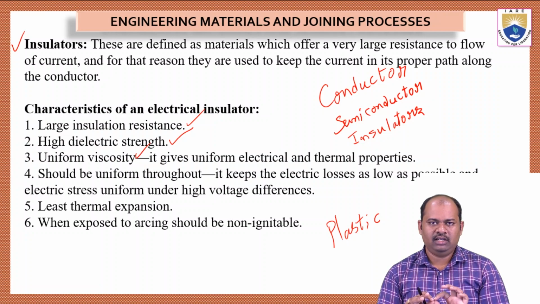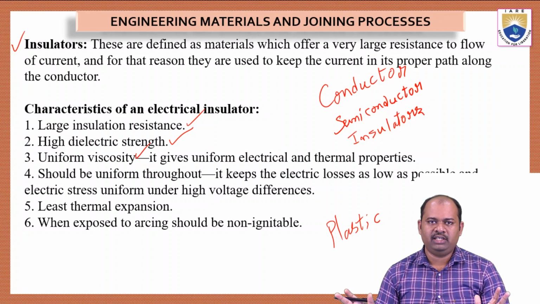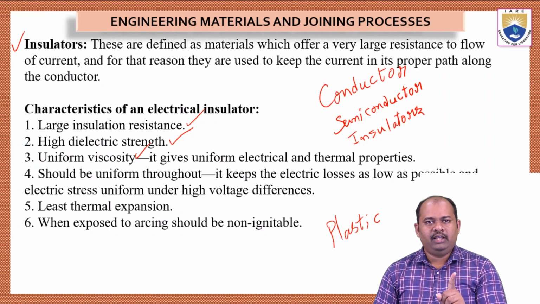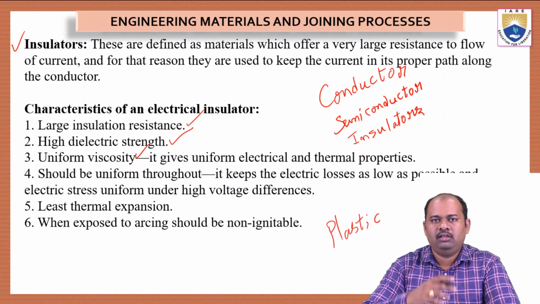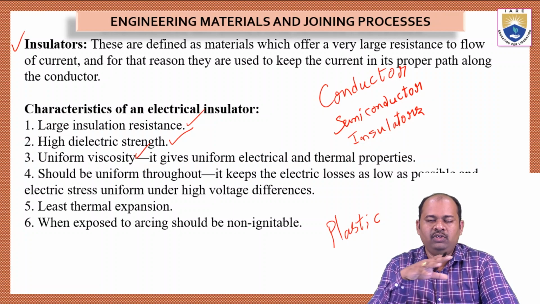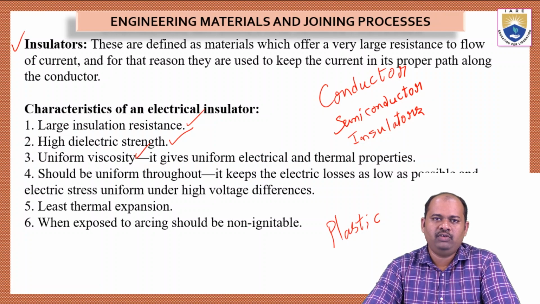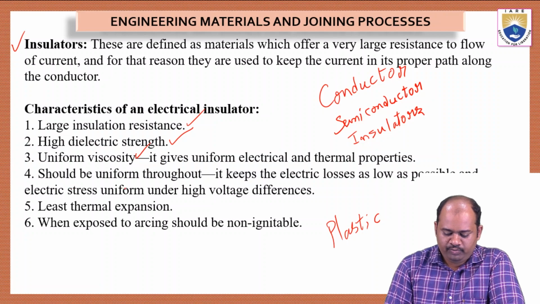When we see the electric wire, it is uniform throughout the length, not different in shape or size. Why? Because the insulator has uniform viscosity, so it will have uniform properties throughout its length.